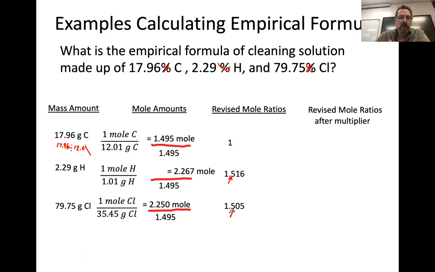So percent to mass, mass to mole, divide by small, final step, multiply till whole. So I'm thinking, is there some number that I could multiply this by that would create something that is within 1/10 of a whole number, or so close to a whole number that I can accept it?